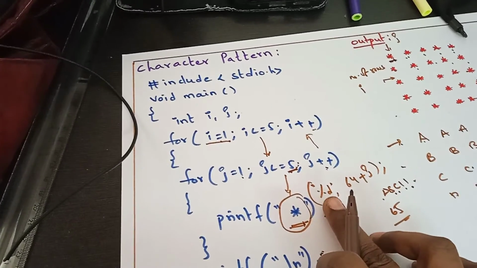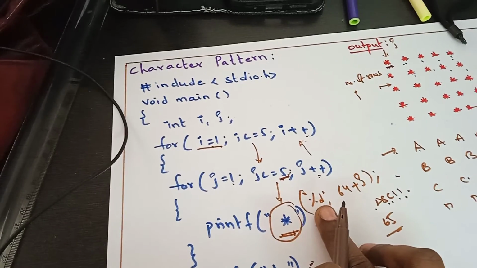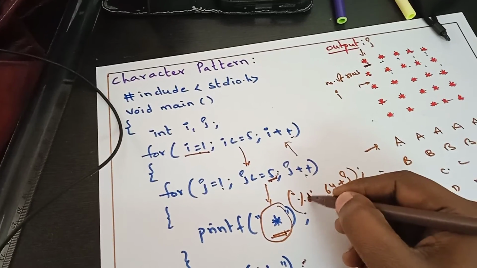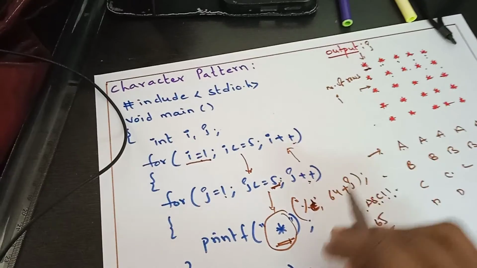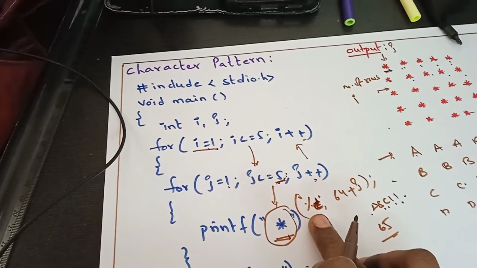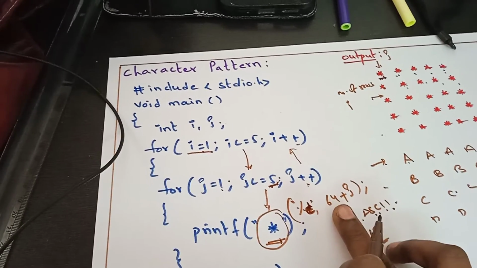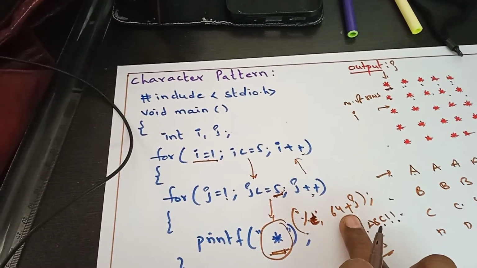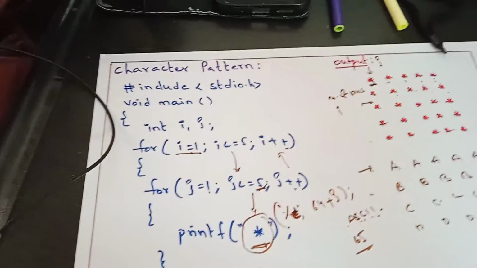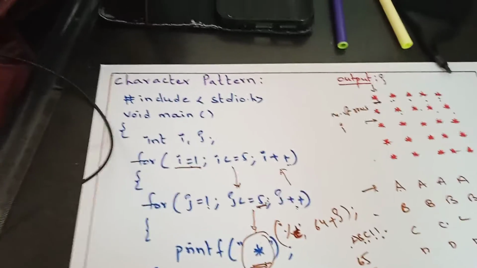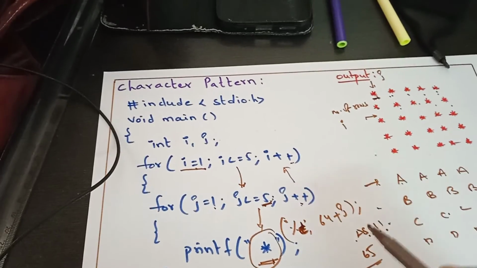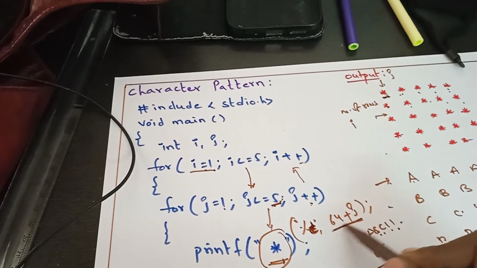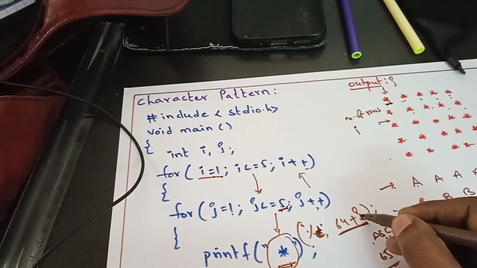Now what happens here? Percent d means we'll print a number. If I change it to percent c, that means we'll print a character. What character is it? 64 plus 1. j value is 1. We'll print 65.